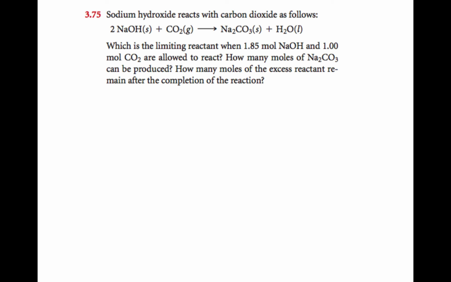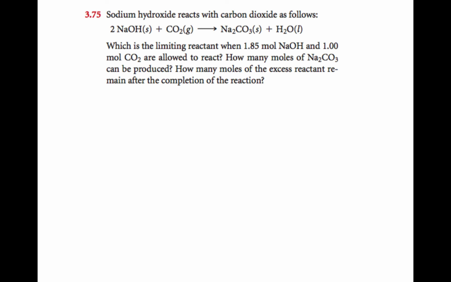75. Aluminum hydroxide reacts with carbon dioxide as follows. All right, so we're making sodium carbonate and water. Which is the limiting reactant when 1.85 moles of aluminum hydroxide and 1 mole of CO2 are allowed to react? All right, so in this situation, the reaction is going to stop when I run out of either of these reactants.